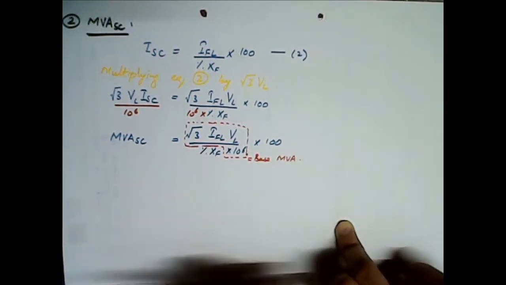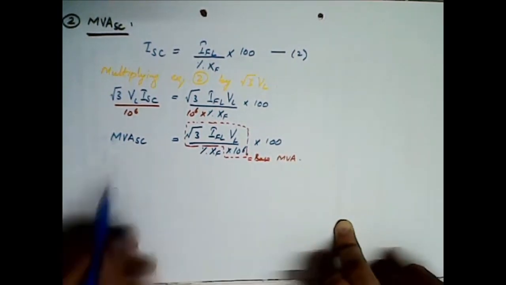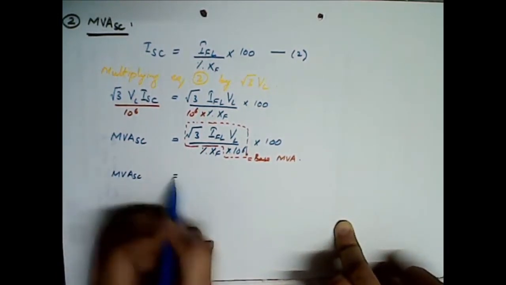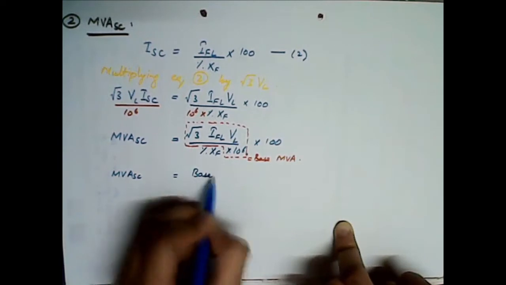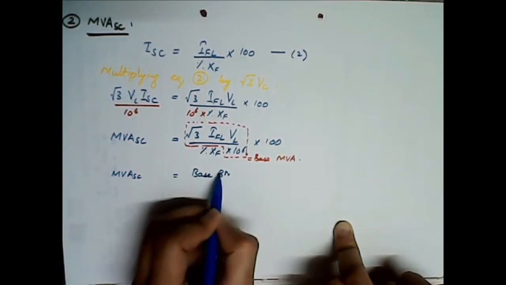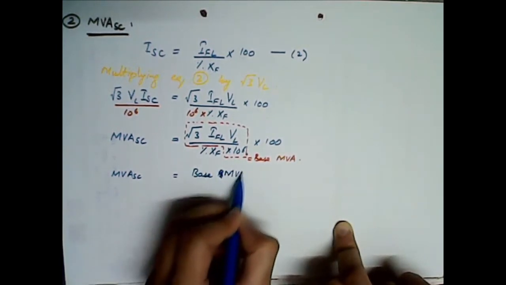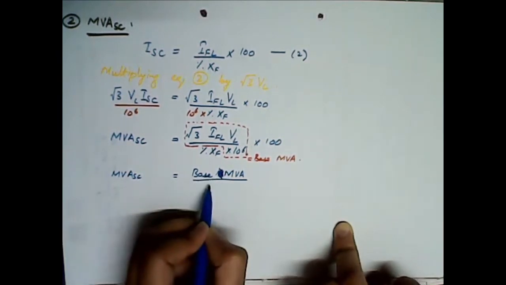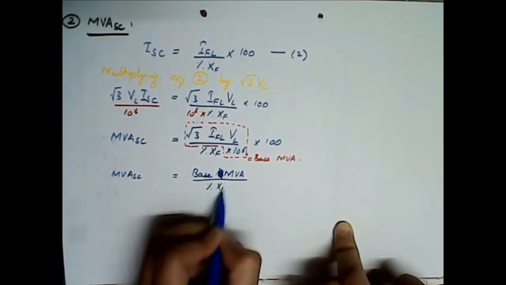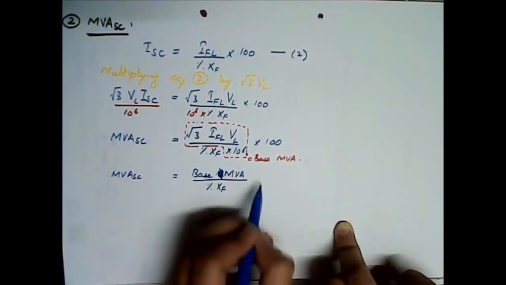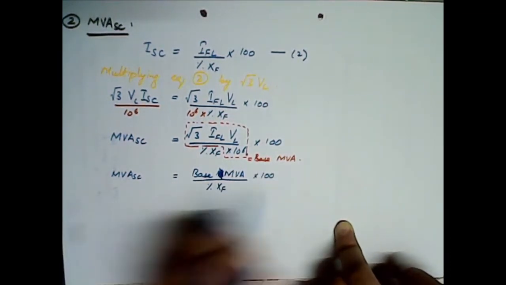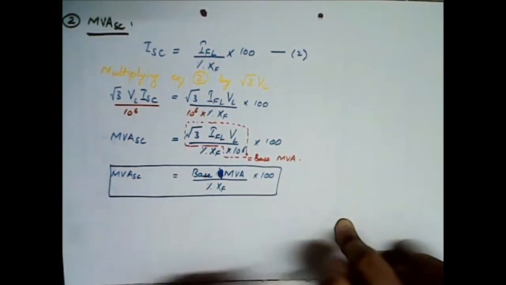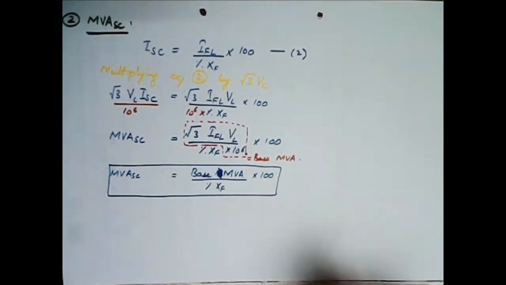So this expression can be simplified as MVASC, that is the short circuit power, is equal to base power in MVA divided by the fault reactance, or the impedance from the source up to the fault point, times 100. I hope that this is clear now.